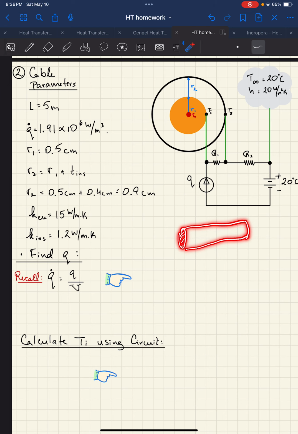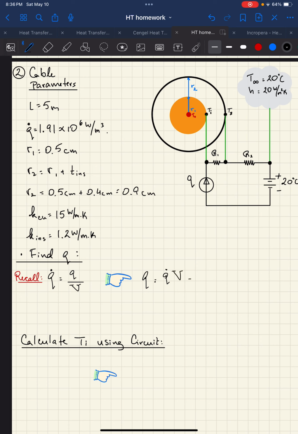It's the surface area here of the circular part times the length of the conductor. So we have the radius of the conductor, and we also have the length of the conductor, so we can find the volume of the conductor. Again, it's the volume of the conductor because that is where the heat generation is taking place. So recall that Q dot is just the Q per unit volume. So Q is basically going to be Q dot times volume.